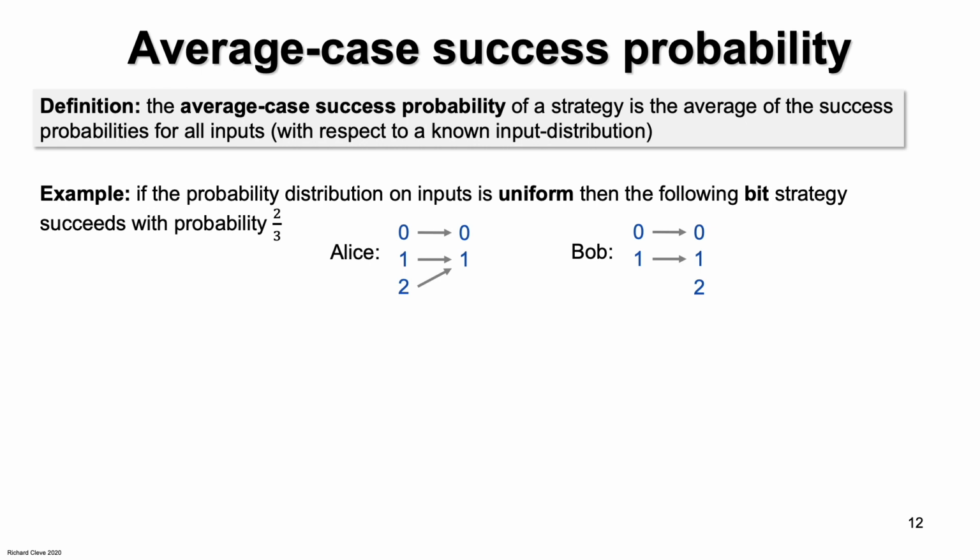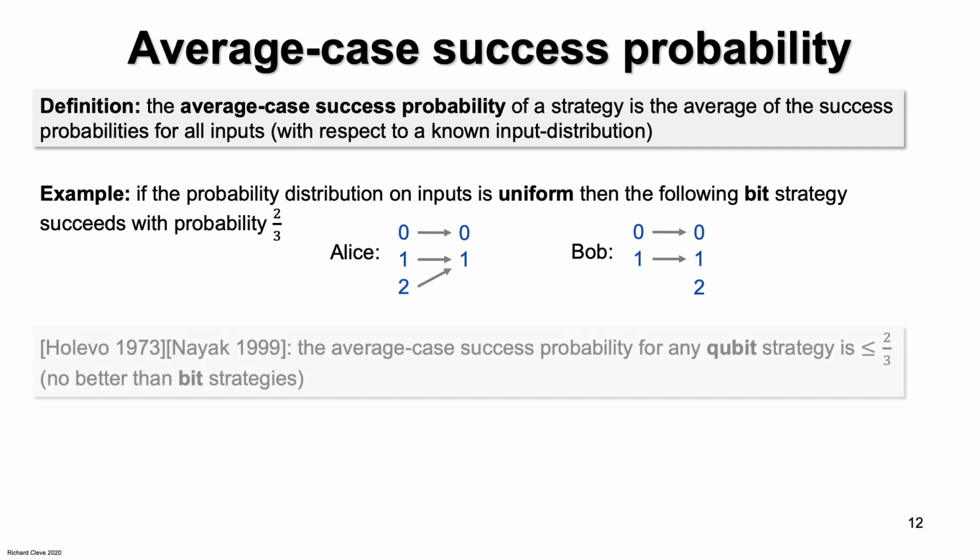If the input is a uniformly distributed trit with probabilities 1/3, 1/3, and 1/3, then the probability of success is 2/3, which is the best possible for a bit strategy. There's a very famous theorem in quantum information theory called Holevo's theorem, which actually dates back to 1973.